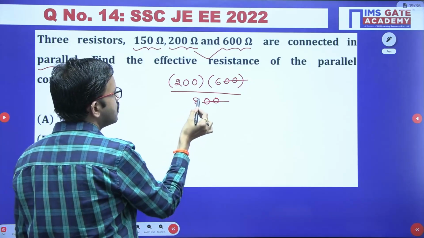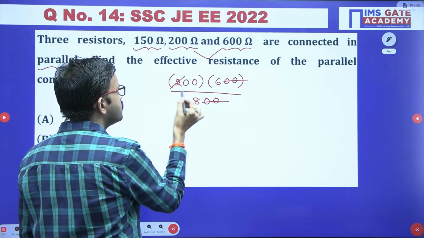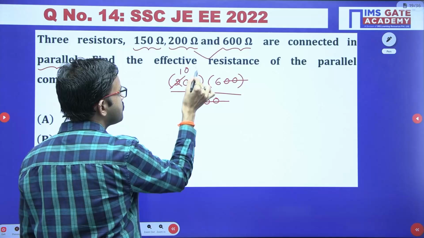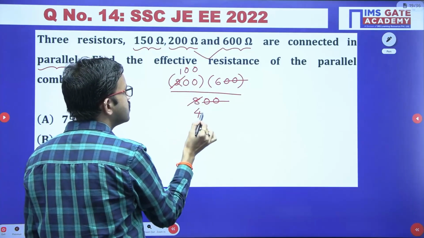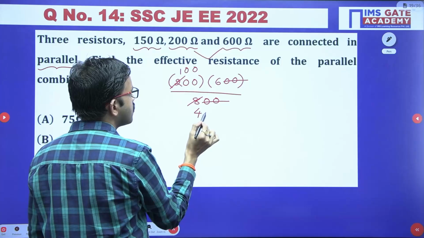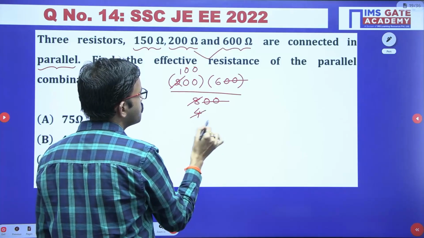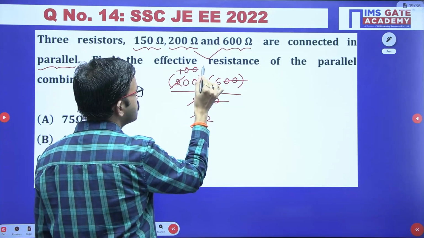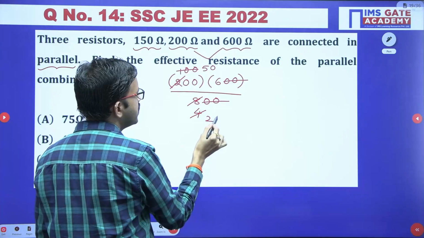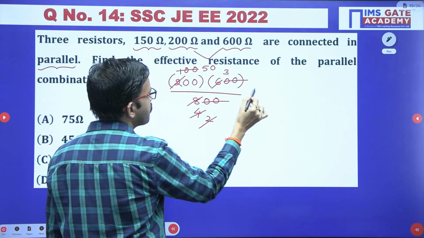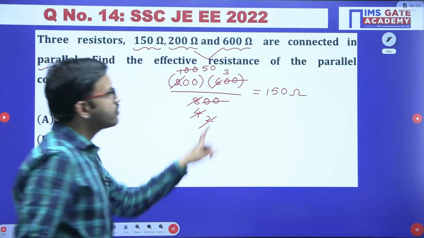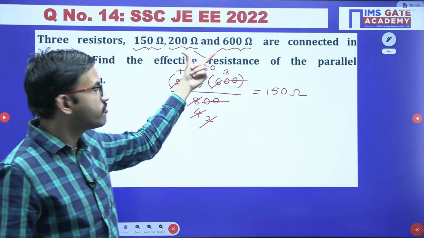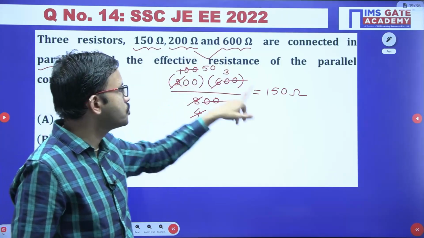Then 200 times 6 by 8, 2 2s are 4, 2 50s are 100, 2 3s are 6. So you are getting 150 ohm. After simplifying the equivalent resistance of these two, you are getting 150 ohm.